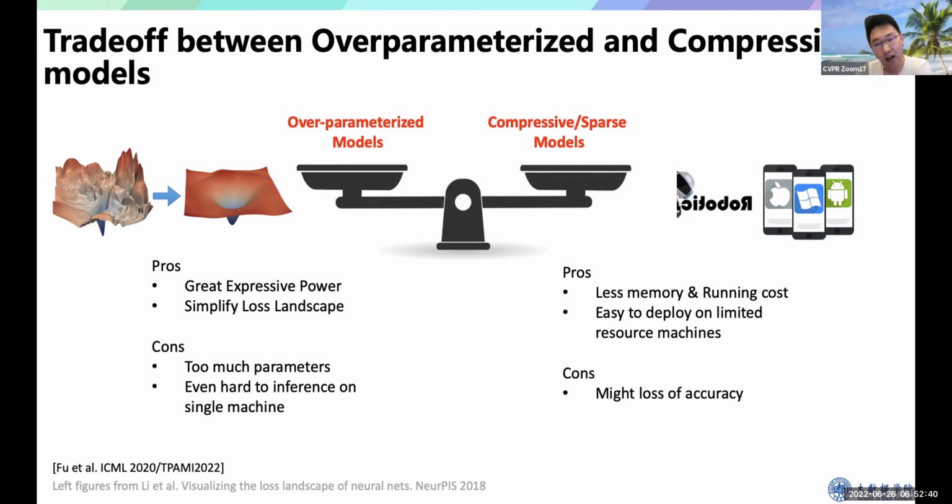On the other hand, training neural networks without over-parameterization faces many practical problems, for example, being trapped in local optima. So to sum up, the success of DNNs, deep neural networks, relies on a huge number of parameters, while this hinders deployment on limited-resource machines. A compressive network is desirable, with less memory and computation cost.